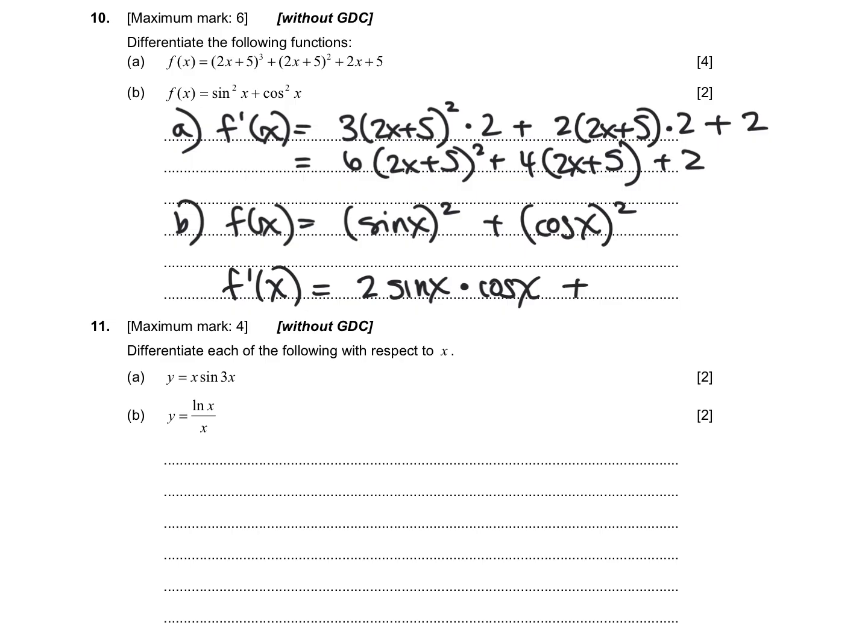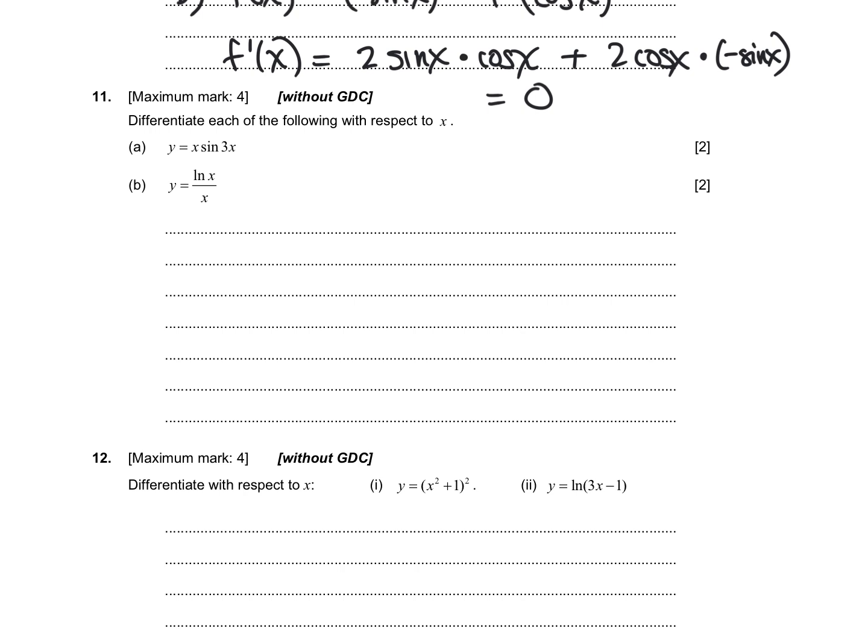And then here, we're going to have 2 cosine x to the 1 times the derivative of cosine, which is negative sine. So this is going to be 2 sine x cosine x, so minus 2 sine x cosine x, so really the derivative is 0.